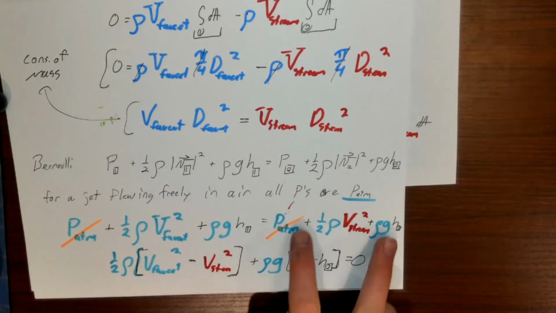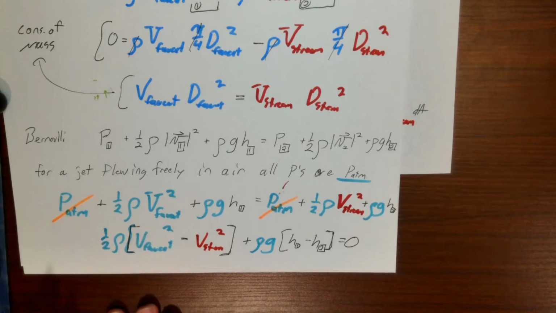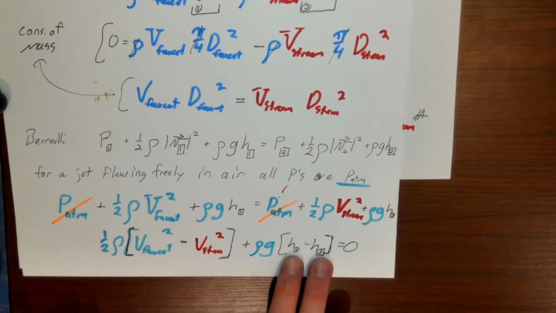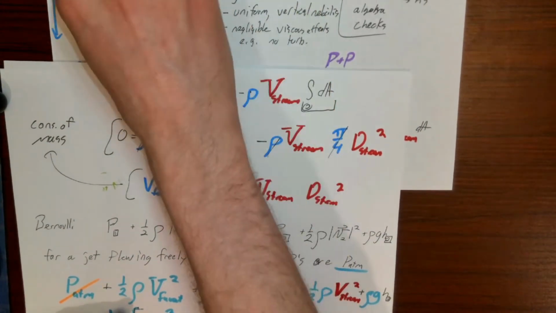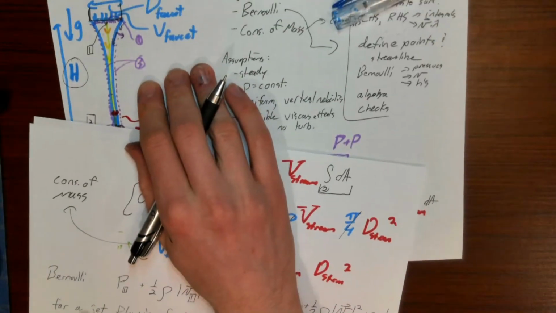I'm just bringing everything over to the left-hand side and factoring out some common terms. In this case, h1 minus h2 is just this capital H here.